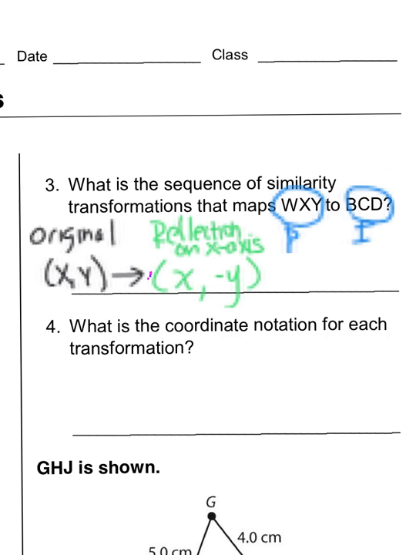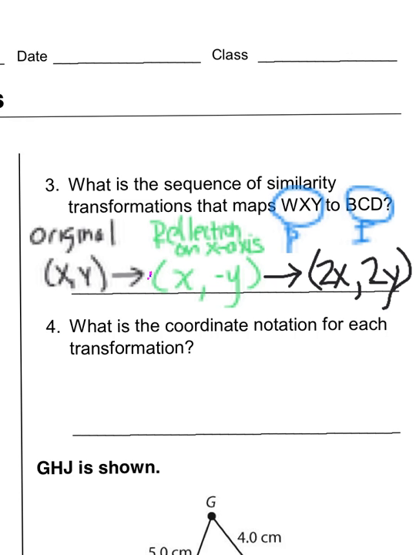Coming back to my actual problem, I'm going to do my end result here, which is my dilation. I'm going to multiply my x's by 2, which is the scale factor, and I'm going to do the same thing to my y's, and that shows a dilation. That means it's grown.